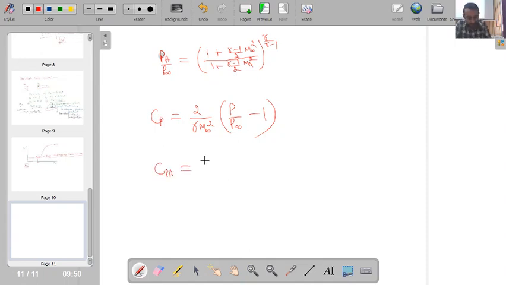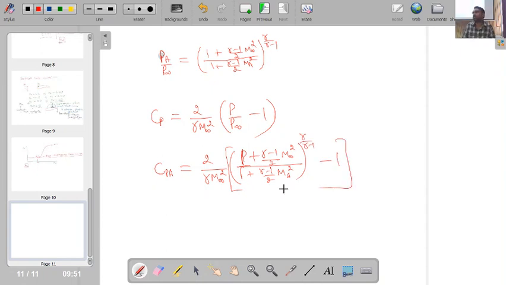So CPA will be equal to 2 by gamma M infinity square into 1 plus gamma minus 1 by 2 M infinity square divided by 1 plus gamma minus 1 by 2 M A square, and this power gamma by gamma minus 1, minus 1. So this is my CPA over here.